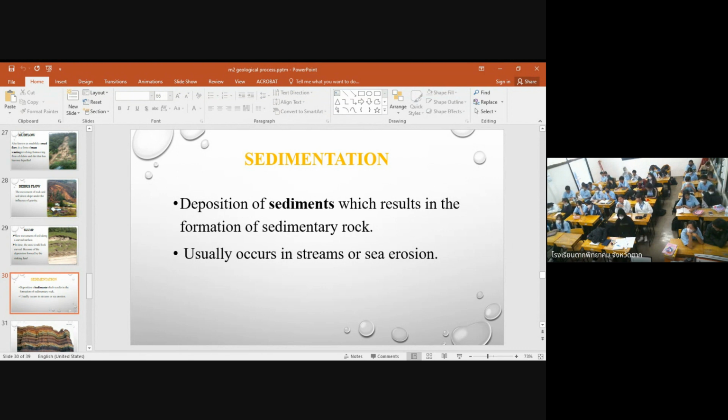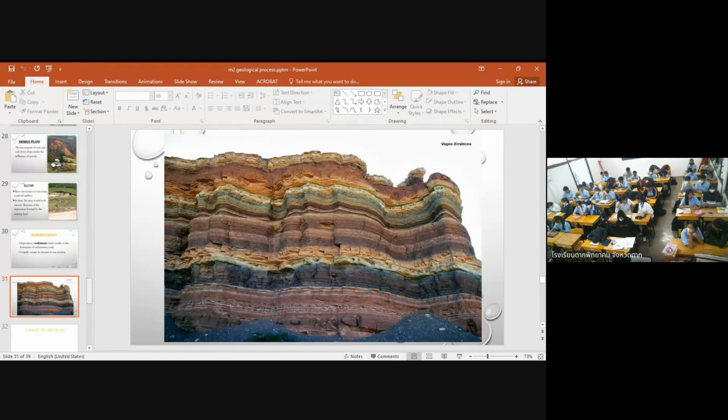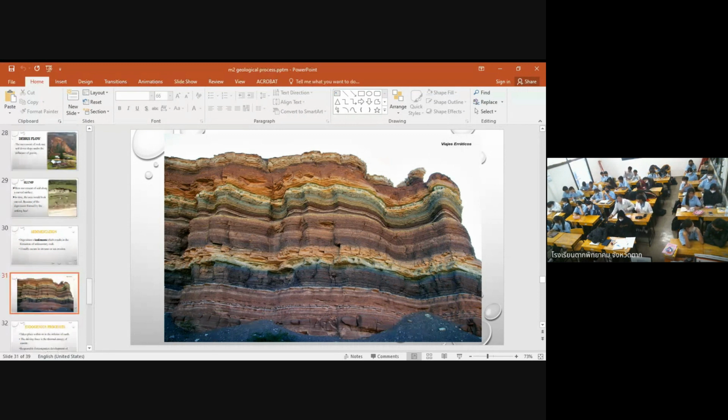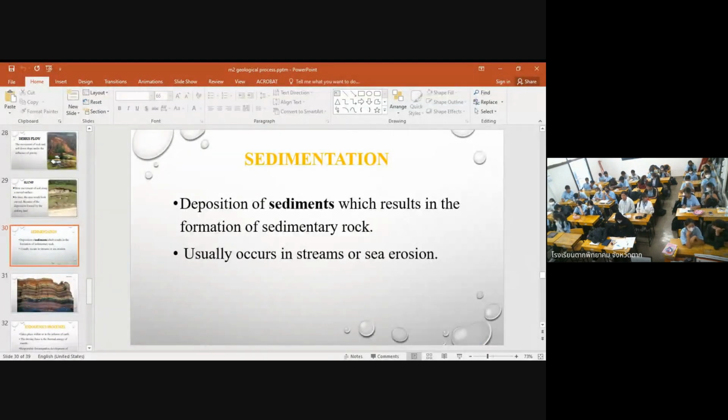You know that I'm standing on the rock, with the impact of the wave. It is usually caused by sea erosion. Some rock formation is caused by the impact of the wave. This one usually occurs in sea erosion.